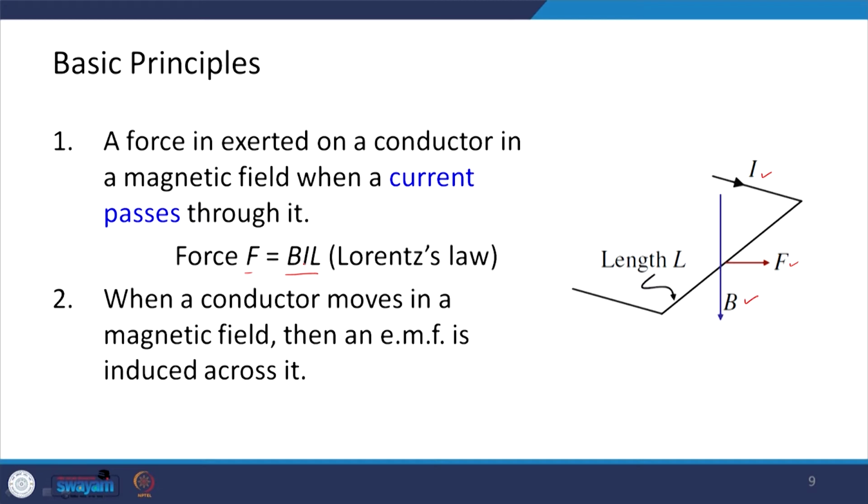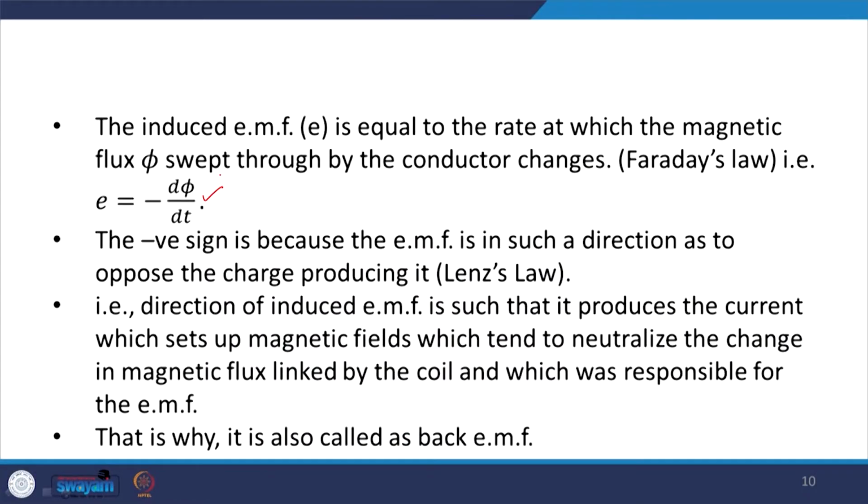And when this conductor moves in a magnetic field, an EMF is induced across it. I will be talking a little more about this. This induced EMF is given by E equal to minus d phi by dt, where phi is the flux linkage through the conductor.